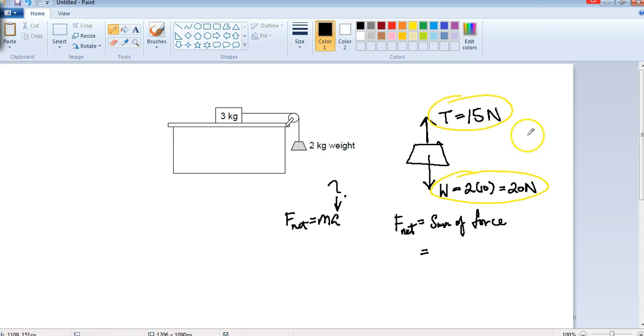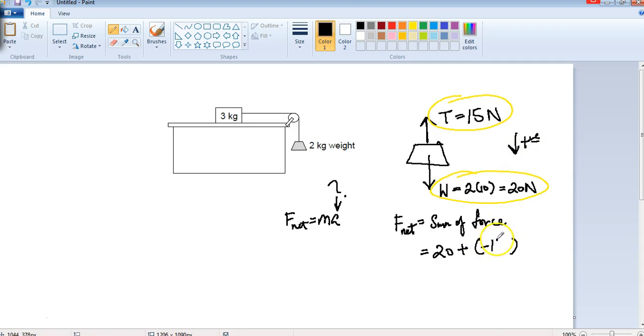Since the 15 and the 20 Newton are acting in opposite directions, I need to denote sign notation. Down here I decided that downward will be my positive direction. So the sum of forces is 20 plus, but in this case the 15 Newton is going up, which is in the opposite direction of my sign notation.